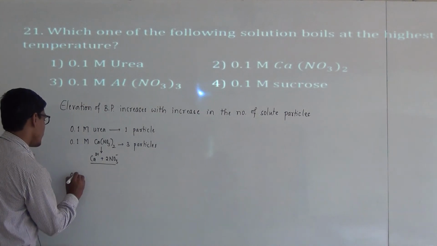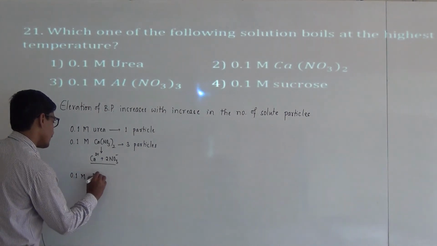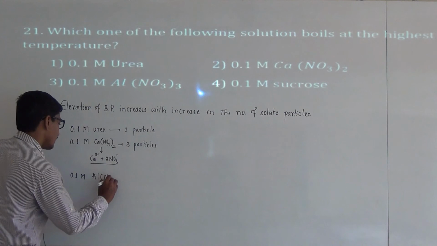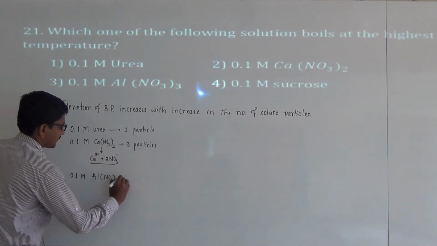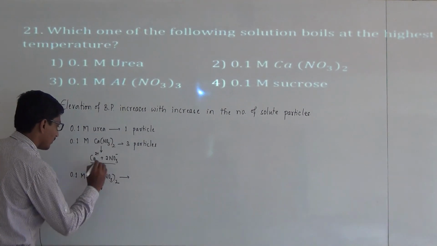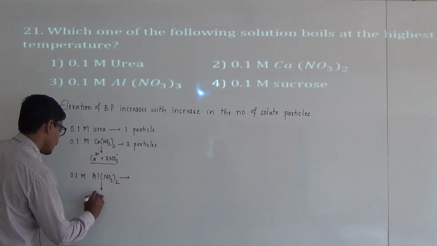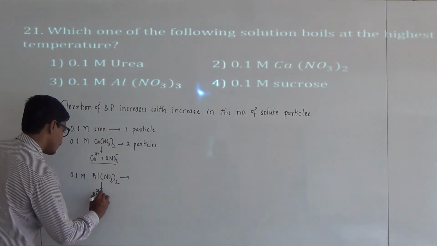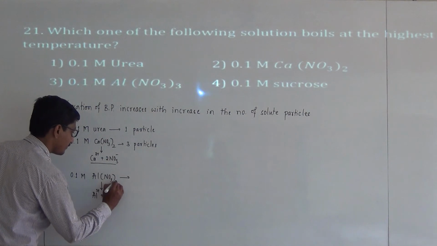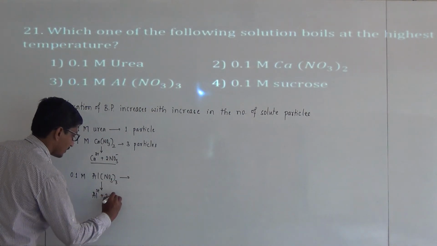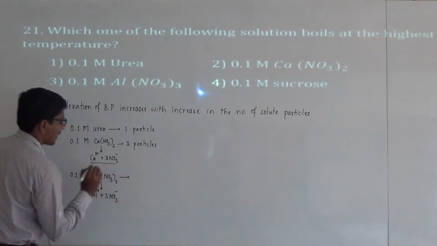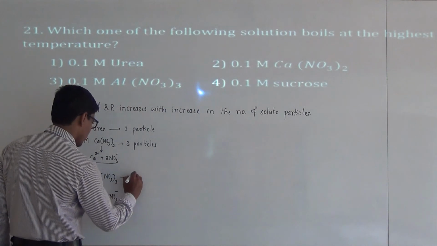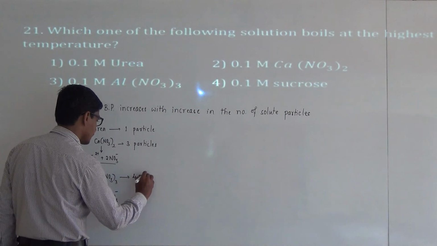Third one is 0.1 m Al(NO3)3. Here in aqueous solution, this dissociates into Al3+ and 3NO3-. The total number of particles is 4.